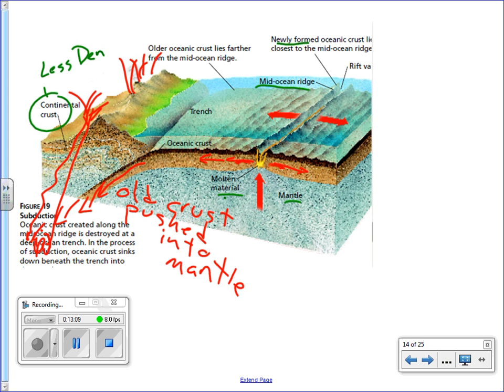And because of that, it kind of floats on top. The oceanic crust gets pushed underneath and destroyed. So here you have old crust is destroyed, and actually you get volcanic action here, and here new crust is made. Again, further evidence of continental drift and plate tectonics.